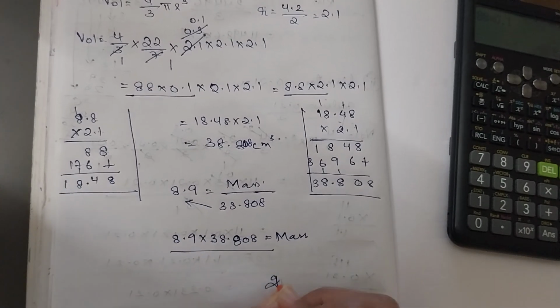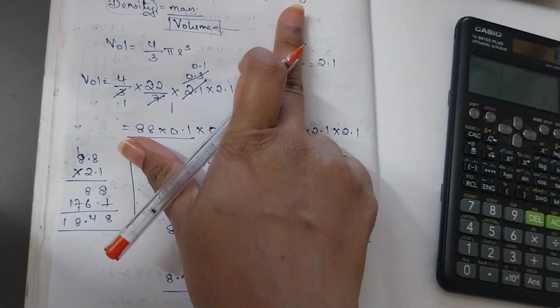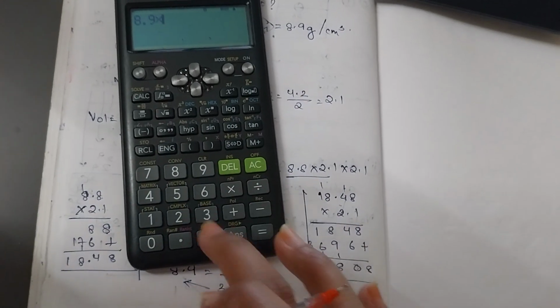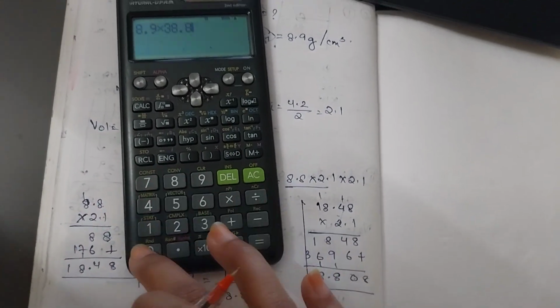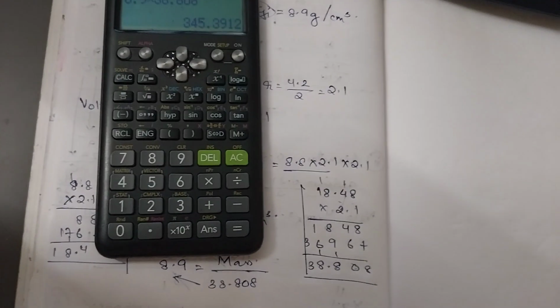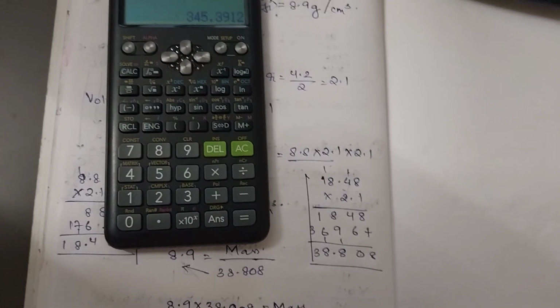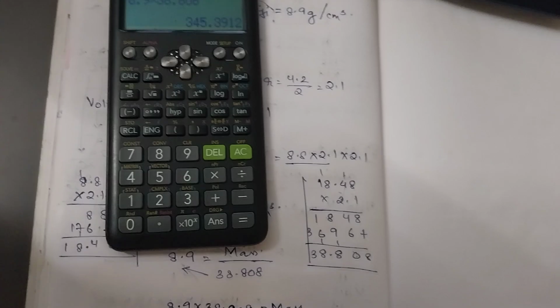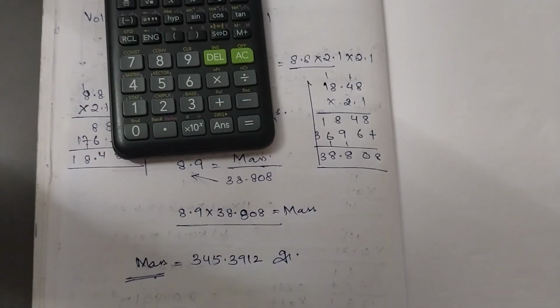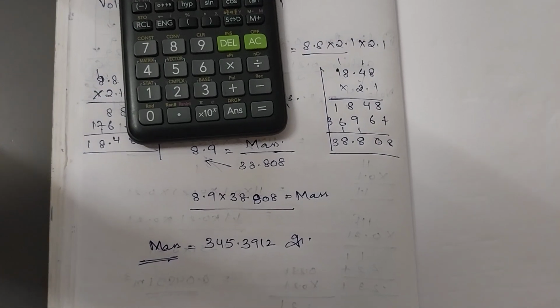Mass will be in grams because gram per centimeter cube has been given here. So 8.9 times 38.808 is equal to 345.3912 grams, the mass of the sphere that I have here.